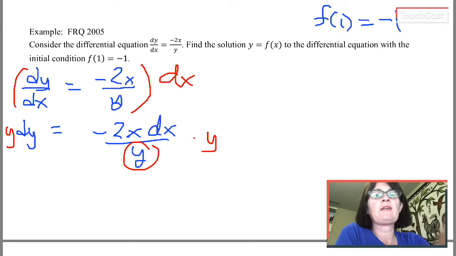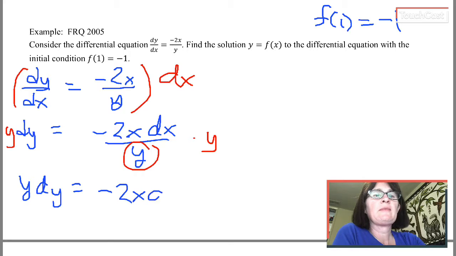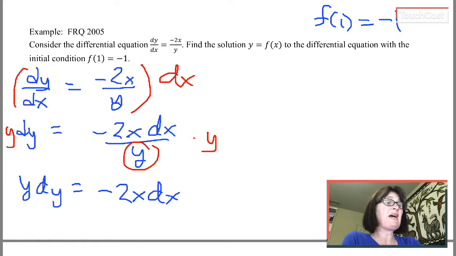So I'm going to multiply both sides of this equation by y. Here's my new equation, y dy equals negative 2x dx. I've now separated the x's and the y's into separate sides of the equation. That's what makes this a separable differential equation.